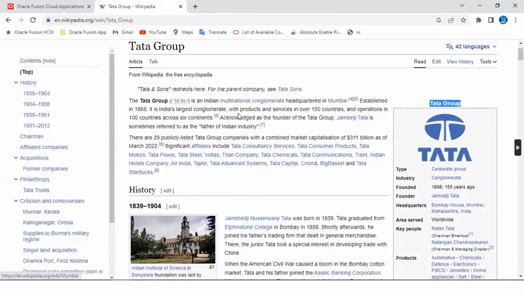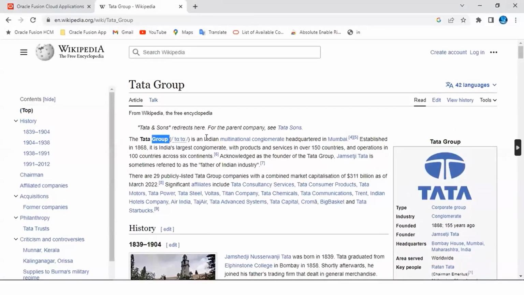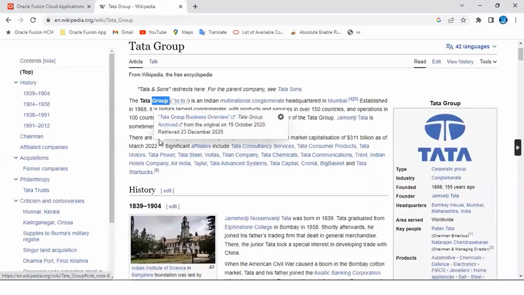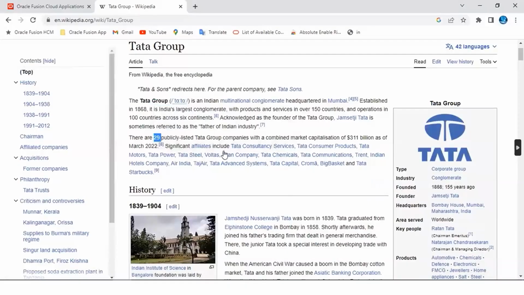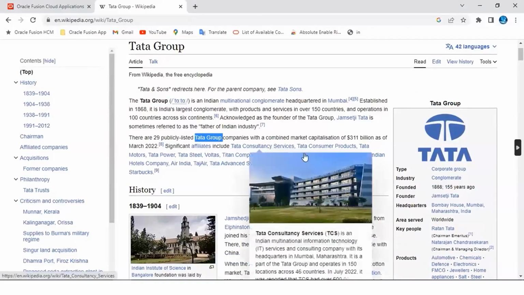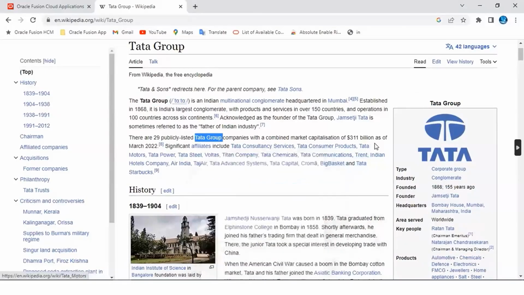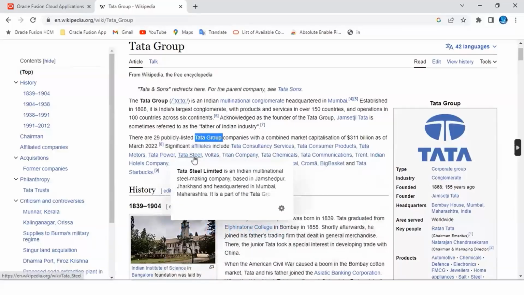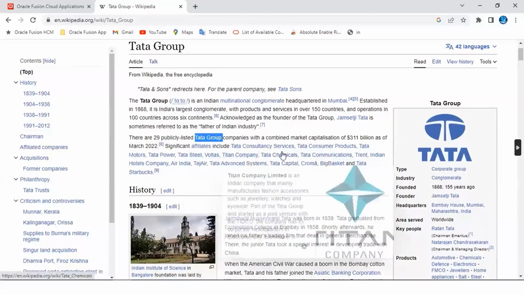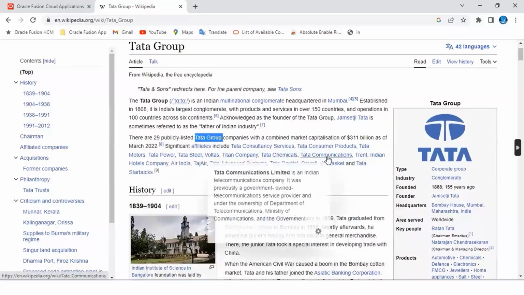Under Tata Group, Tata has many companies operating in different countries. Let's say, team, there are about 29 companies that Tata currently has. See, there are 29 publicly listed Tata Group companies, like TCS, Tata Consumer Products, Tata Motors, Tata Power, Tata Steel, Voltas, Titan Company, Tata Chemicals, Communications.